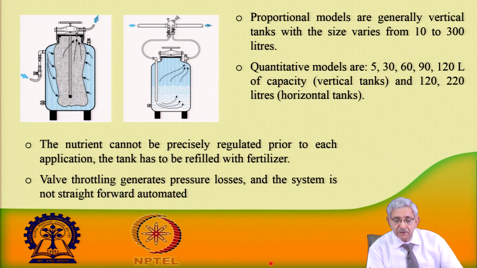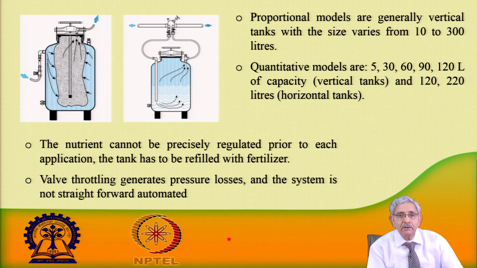Nutrient cannot be precisely regulated for each application. This is what I told you: we cannot maintain the correct concentration, so dilution takes place all the time. Valve throttling generates pressure losses and the system is not straightforward.